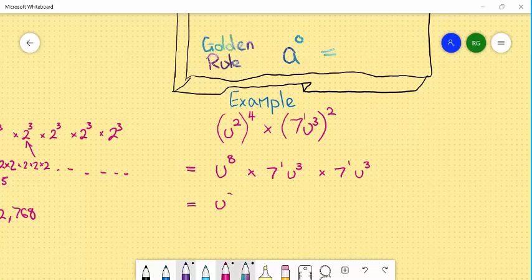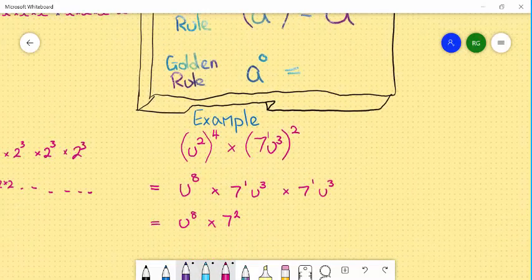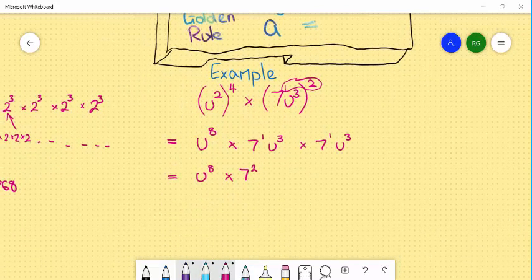So let's keep going. u to the power of 8. Now 7 to the power of 1 times 7 to the power of 1 is 49, or 7 squared. Notice that that comes from 2 times 1, which is 7 to the power of 2. u cubed times u cubed is u to the power of 6, or u, 3 times 2, like so.